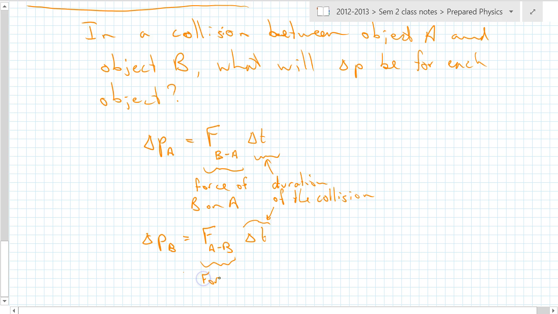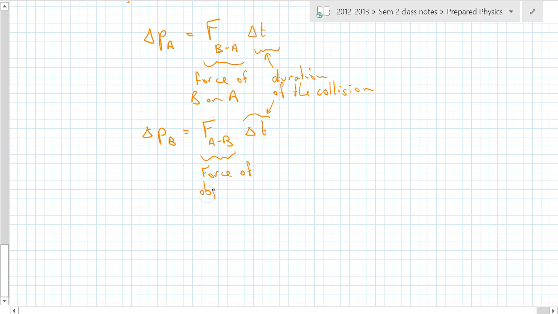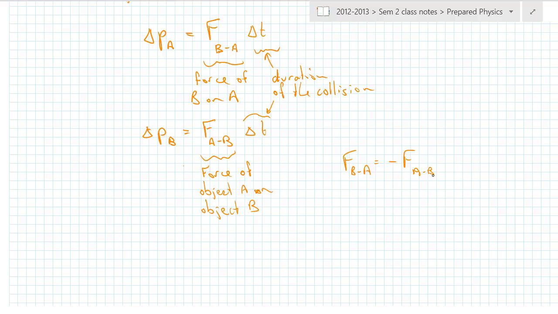This is the force of object A on object B. And what we know from Newton's third law is the force of B on A is equal to the negative of the force of A on B, because for every action there's an equal and opposite reaction, or because if object A exerts a force on object B, object B exerts a force on object A that is equal in magnitude and opposite in direction.